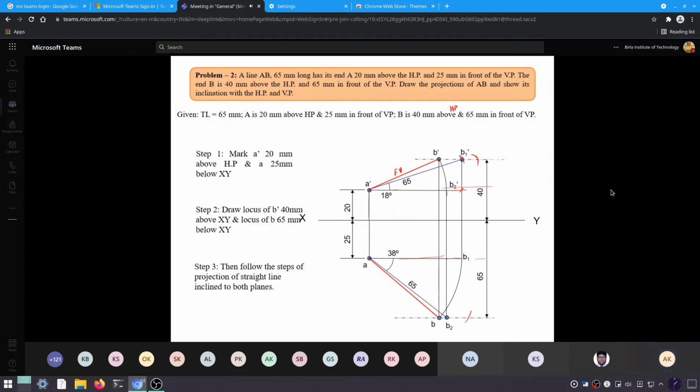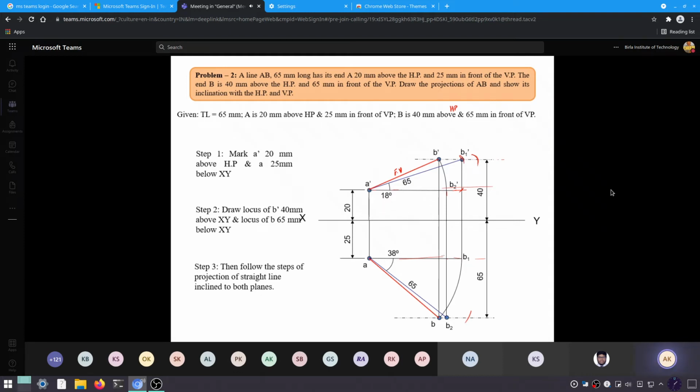So it is not necessary that you approach this problem like this only. You can also draw the true length in both the views first, then you go for the front view and top view.